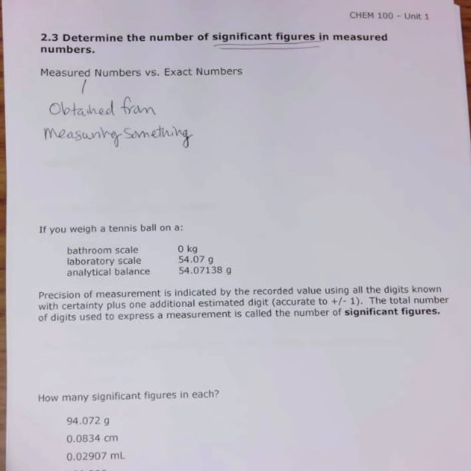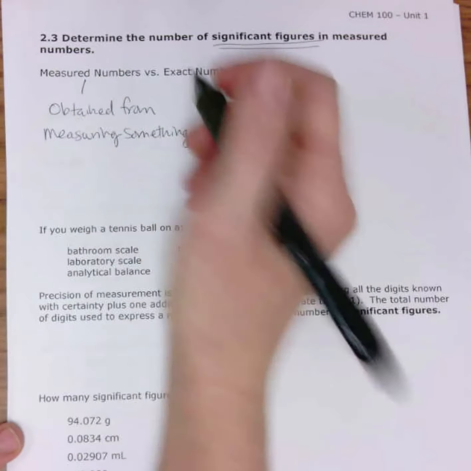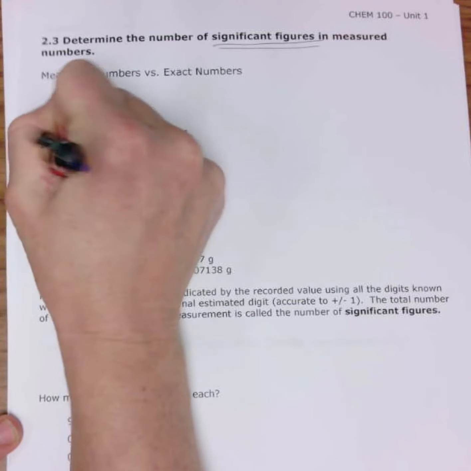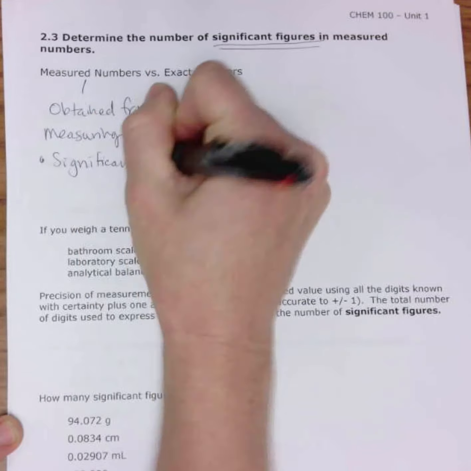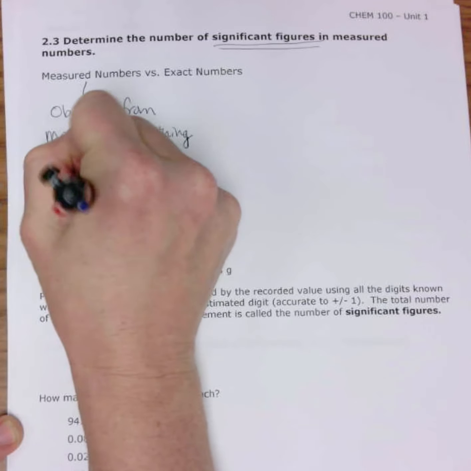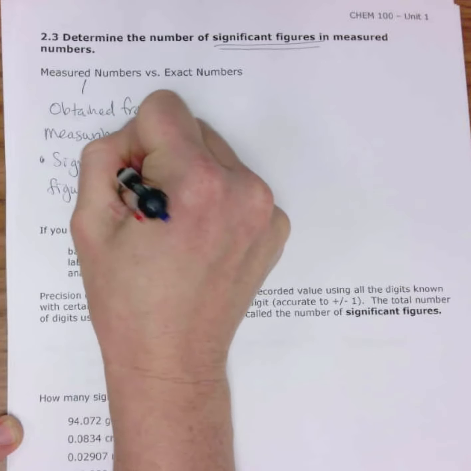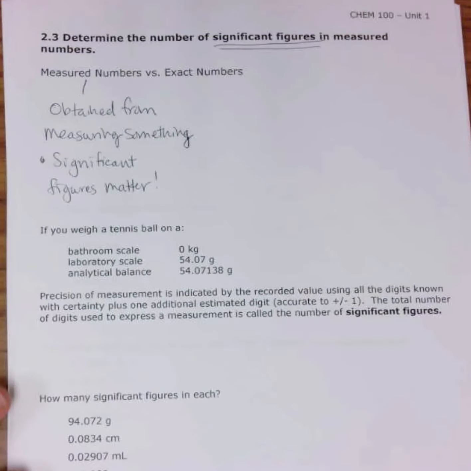Volume with a graduated cylinder, temperature with a thermometer, mass with a balance, height with a meter stick, whatever it may be, they are obtained from measuring something. So significant figures matter. So very important.